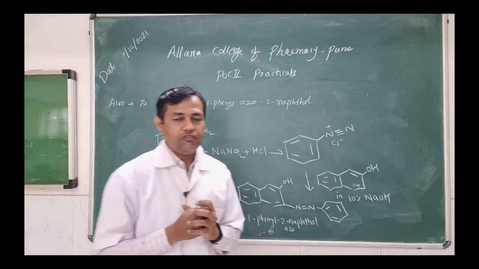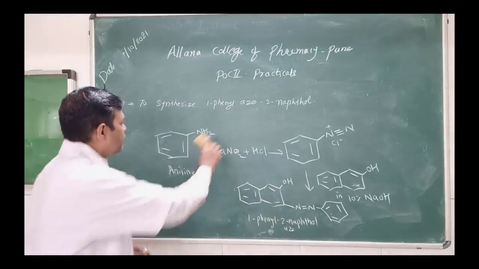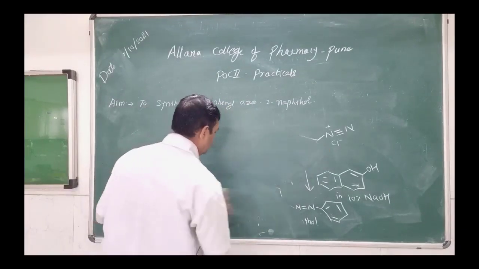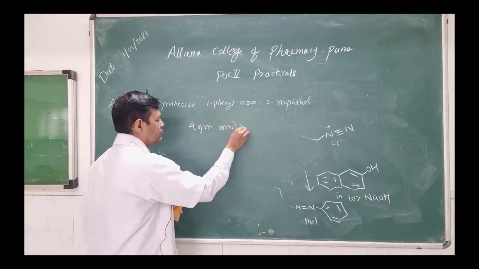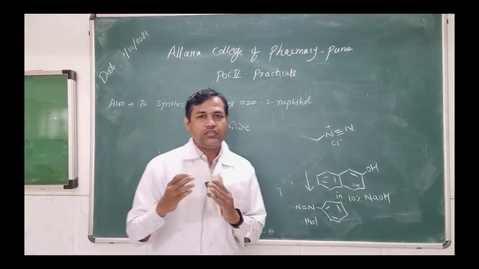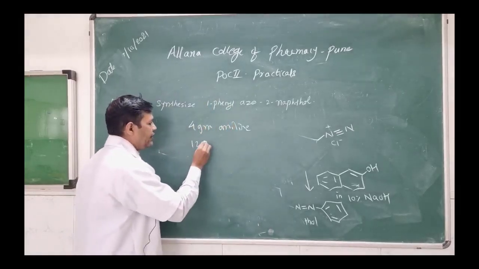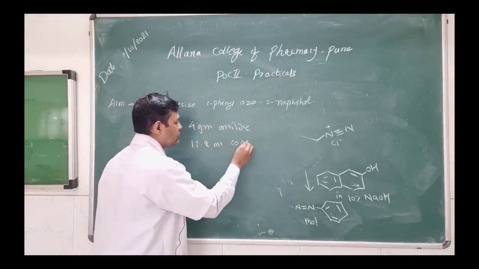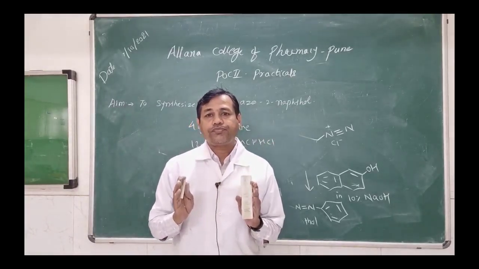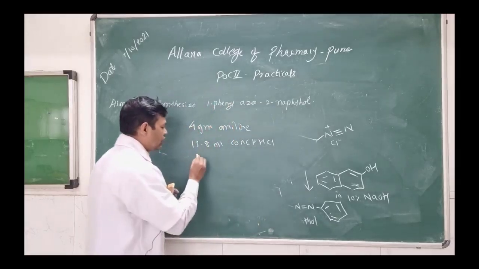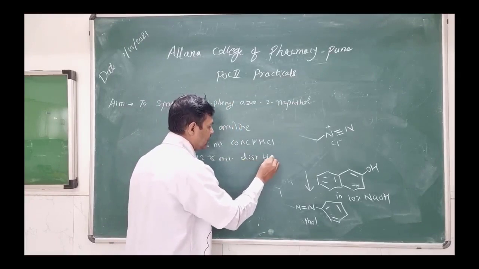Now here we will be needing 4 gram of aniline. Just note down the requirements. Or you can have near about 4 ml of aniline. Then we will be needing 12.8 ml of concentrated hydrochloric acid. After that we will be needing near about 13 ml of distilled water for this first part.